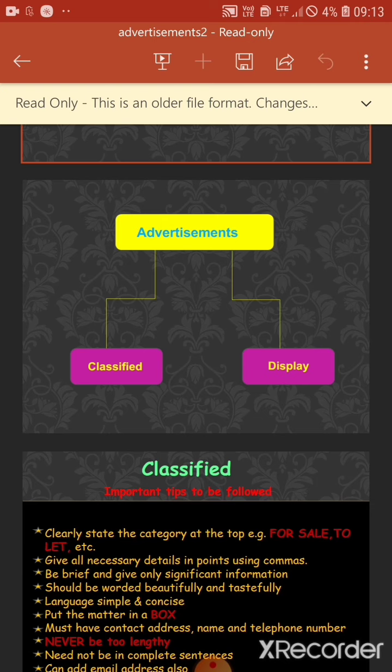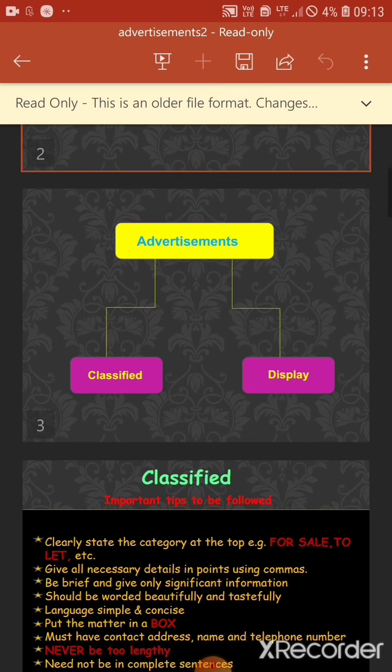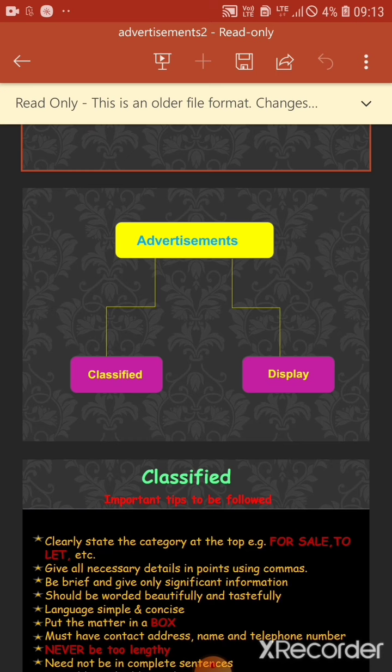As per CBSE guidelines, one mark is for format or heading. The second is content, that means the body part of the advertisement, which carries 2 marks. And the third component is expression, which carries 1 mark. In this way, there are a total of 4 marks for advertisement writing.